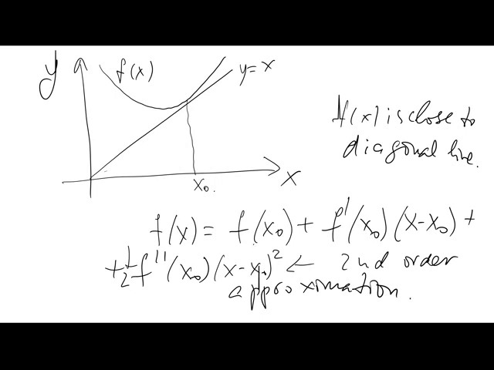Now, this value: here y equals x. So here f of x naught will be equal to x naught plus something very small, say epsilon. So this distance is epsilon.